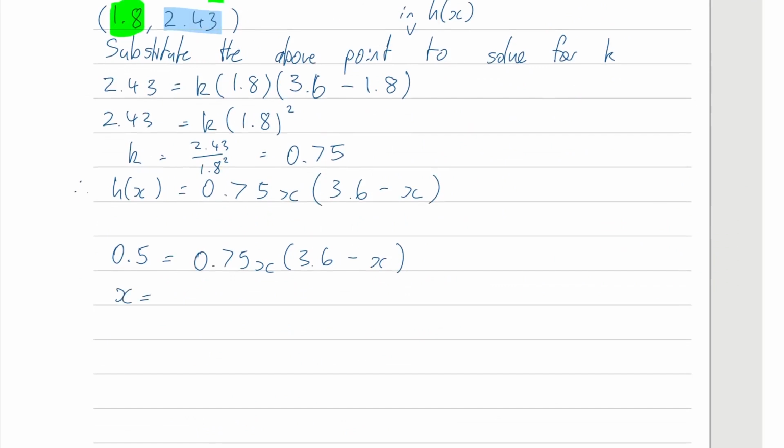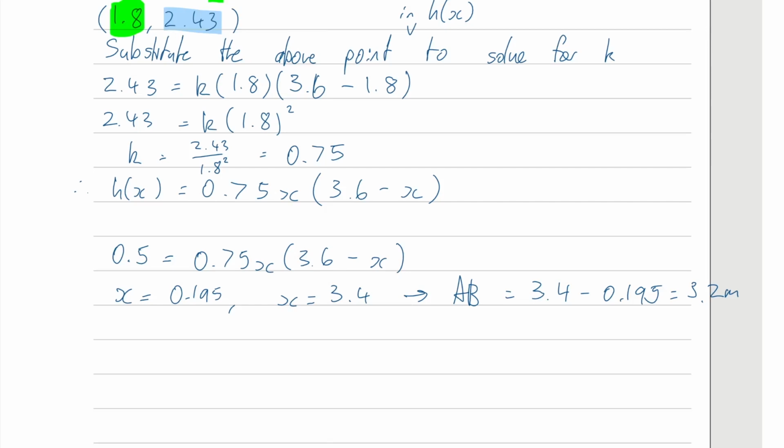So x equals 0.195, or x equals 3.4. And so then the difference would be, length AB is 3.4 minus 0.195, which is about 3.2 meters. So that's solving it graphically.